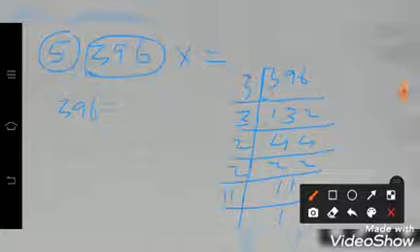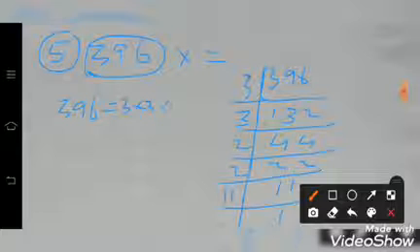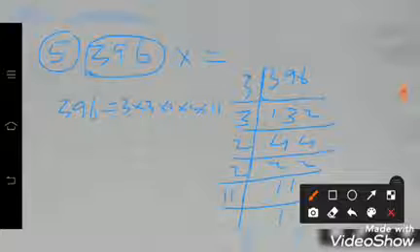So 396 is equal to 3 into 3 into 2 into 2 into 11.